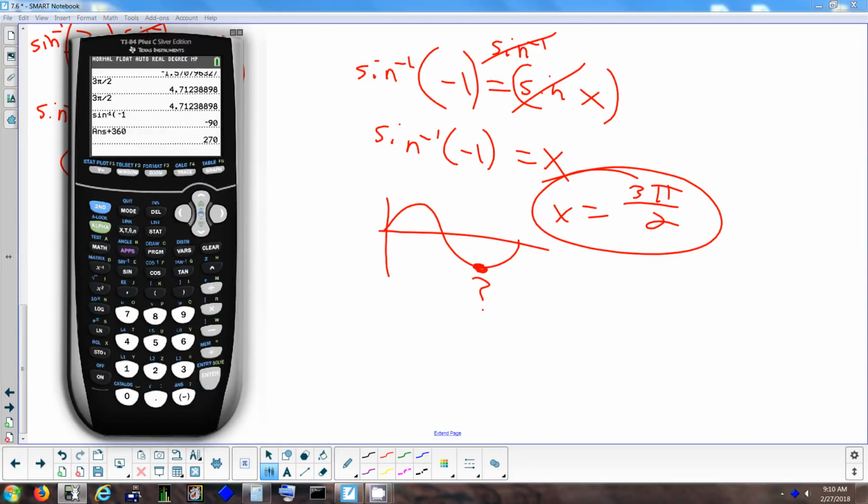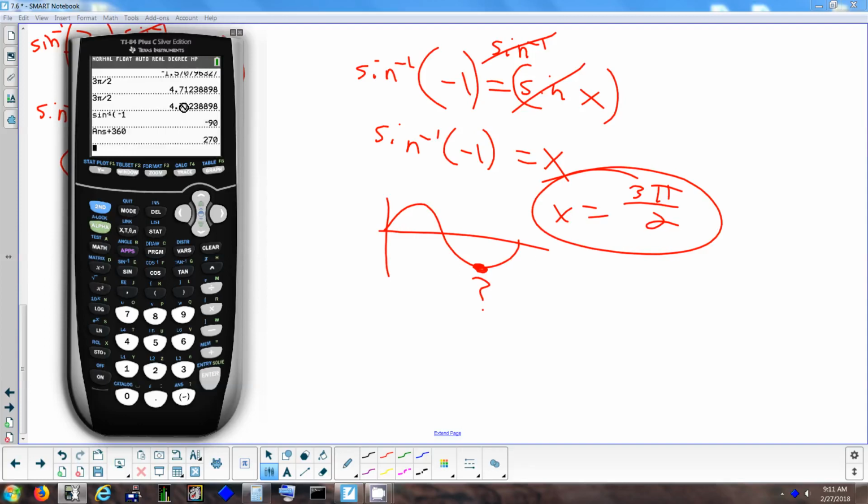And now I get 270, which is 3 pi over 2. How would I figure that out? I could just convert 270 degrees to radians by hand. Right? So that's how I always do it if they want it in radians. Do it in degrees first, and then convert it manually to radians, and you'll get a nice fraction, not a decimal. Okay? Calculator, it just can't give you those nice fractions. It's going to give you 4.71.